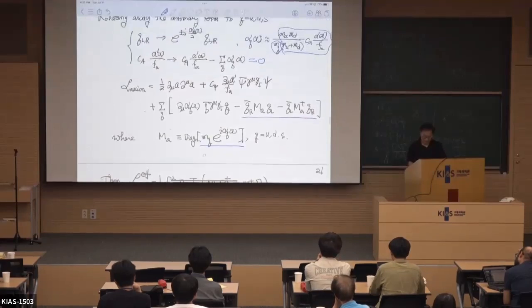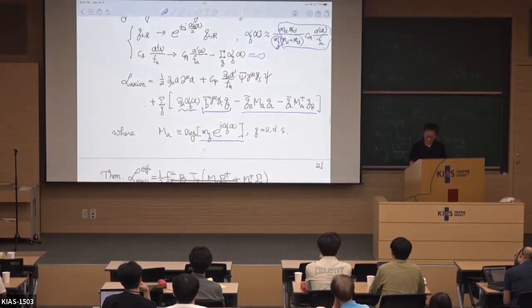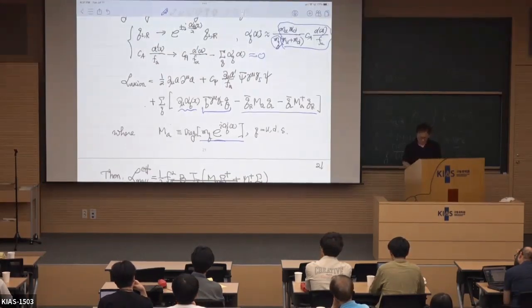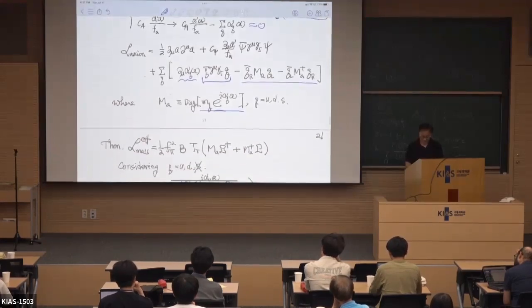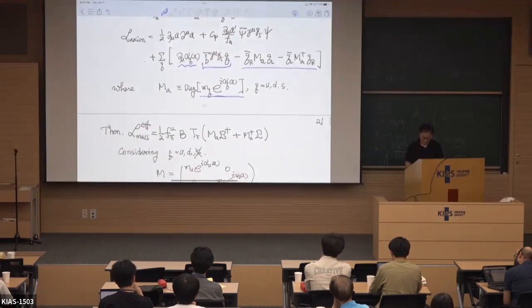Taking the rotation from the derivative term of the quark field, you also get the derivative coupling of the axion field, the physical axion field, like this. And then the quark mass matrix picks up a non-trivial phase contribution, which is space-time dependent, an axion field dependent term.